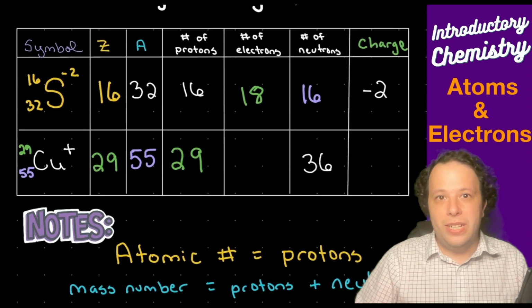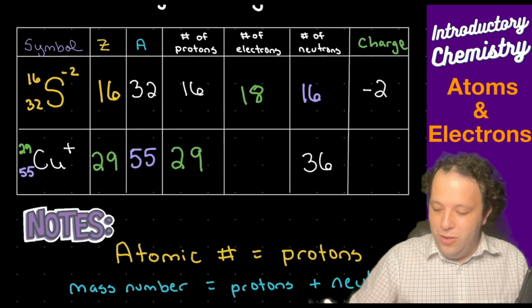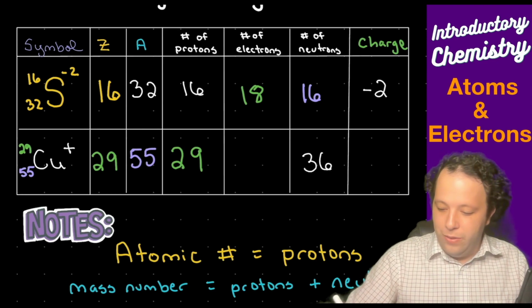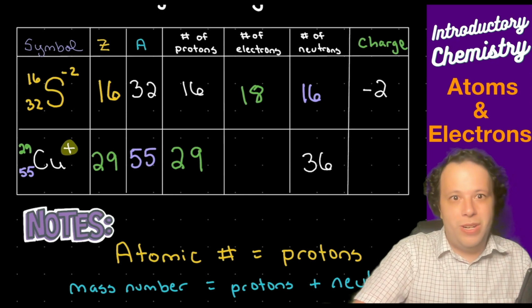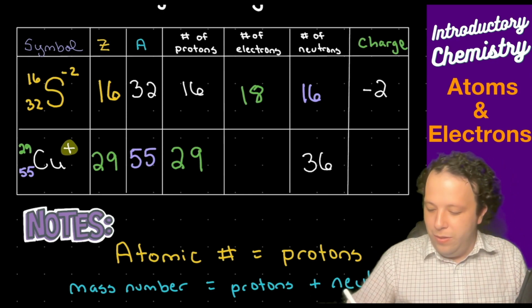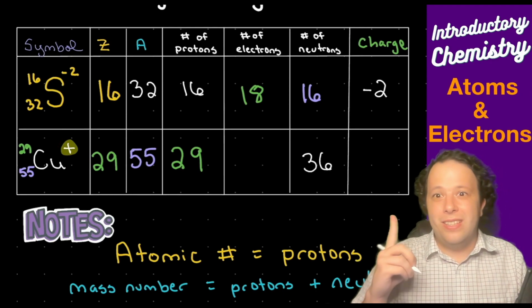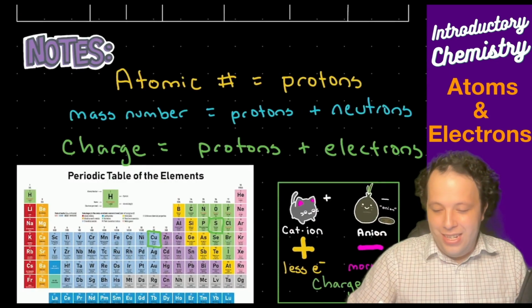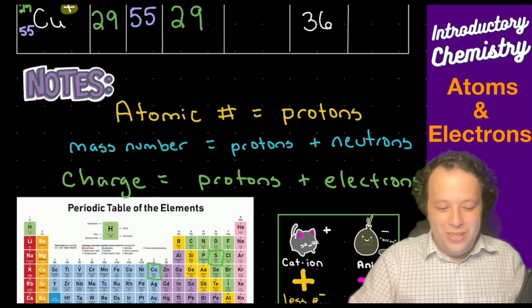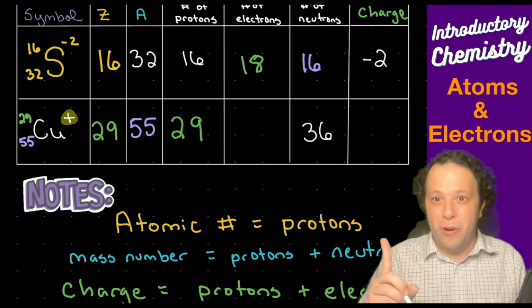Now, what else do we need? We need the number of electrons and the charge. If you notice over here on the problem, it had a little positive charge written next to it, which tells you that there's one less electron, right? This is a cation. Cats are positive. So if this is a cation, that means we have one more proton than electrons.